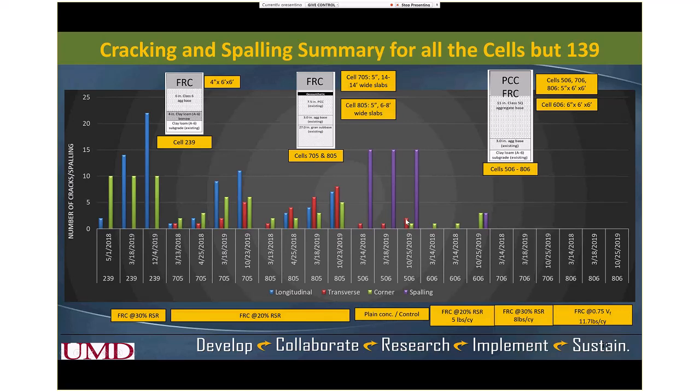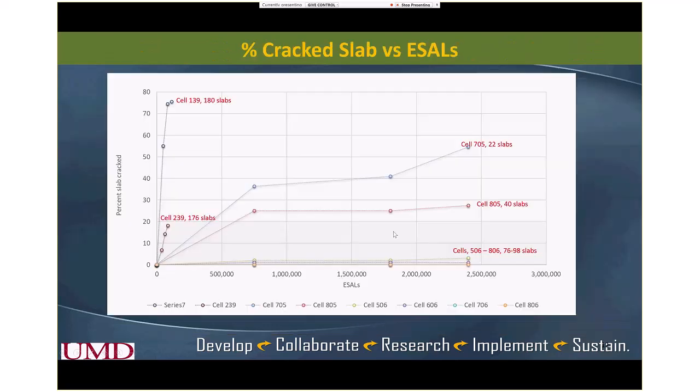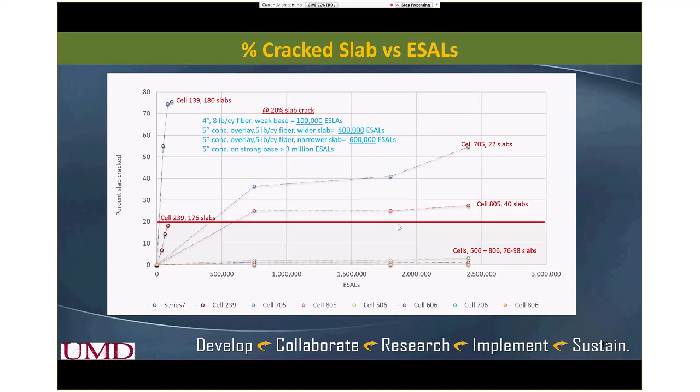All right. Now, when we compare the percent slab cracked with respect to the ESALs, we try to find out what the ESALs are when we saw 20% slab cracked. So in 239, we saw 20% of the slabs cracked at around 100,000 ESALs.